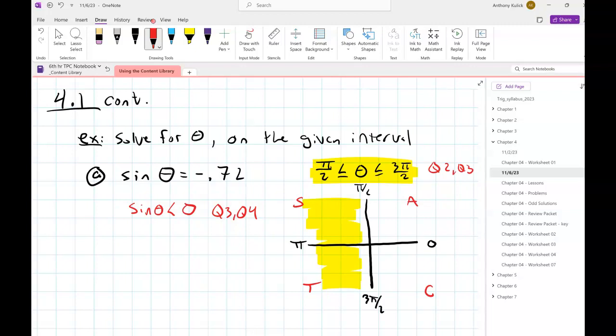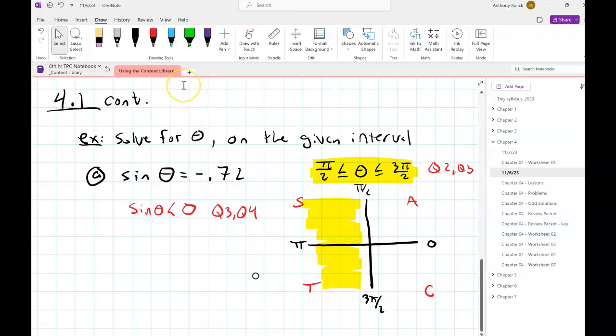So if sine is the only one that's positive in quadrant 2, what do cosine and tangent have to be? Negative, right? The T in quadrant 3 stands for tangent. Tangent is positive in quadrant 3, but sine and cosine would be negative. And the C in quadrant 4 stands for cosine. That's positive in quadrant 4, but sine and tangent are negative. So I like that as a way to remember.